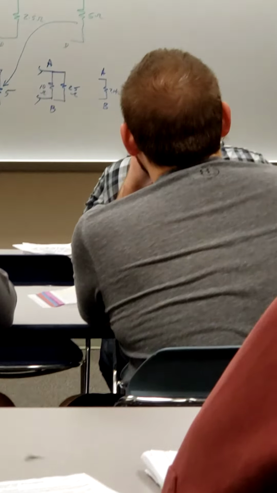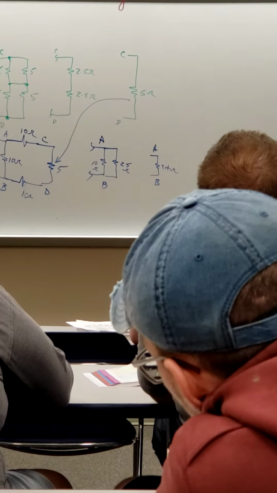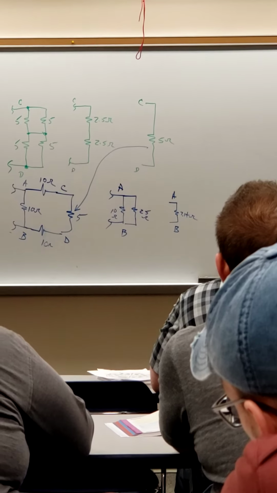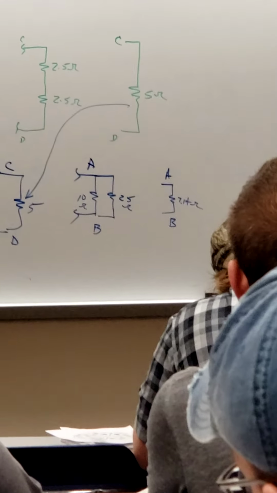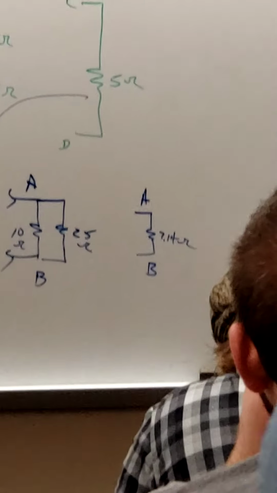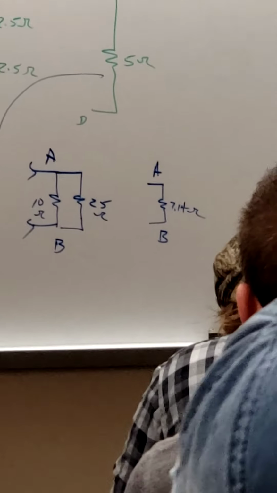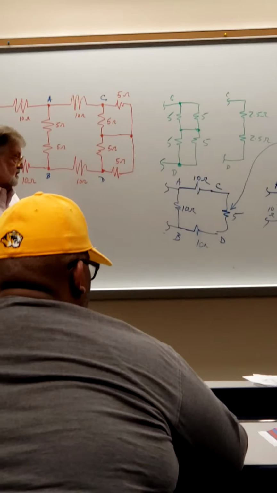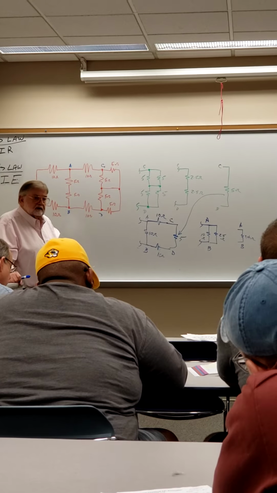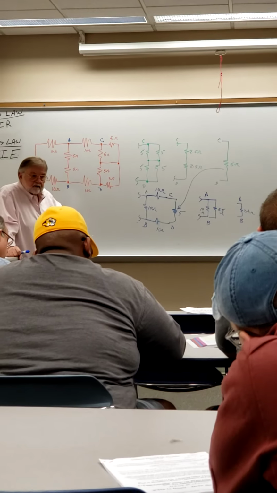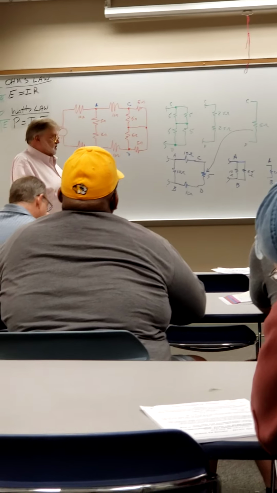Product over sum, 250 divided by 35. 10 times 25 divided by 10 plus 25. Or if you want, the inverse of 1 over 10 plus 1 over 25, inverse of that sum. That's a lot longer. 10 times 25, 250 divided by 35, 7.15. Or something like that. If I'm wrong in the math, tell me.